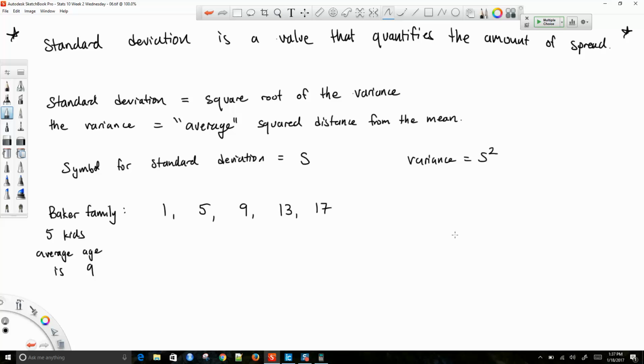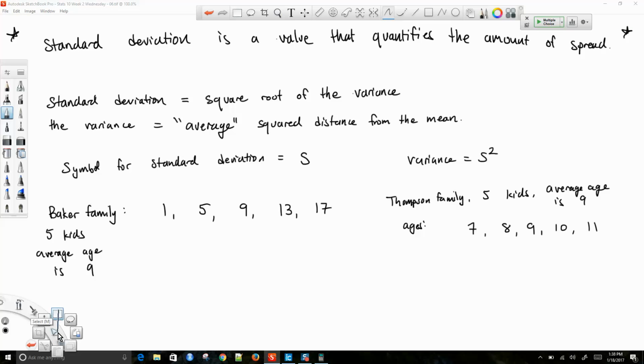Then let's say we have the Thompson family, again 5 kids, average age is 9, and the ages are 7, 8, 9, 10, and 11. So you could imagine what life is like in the Baker family and what life is like in the Thompson family. Both of them have 5 kids, and the average age of the kids is 9.